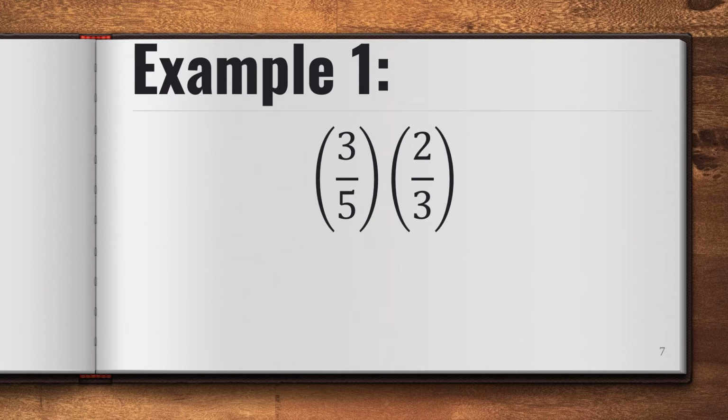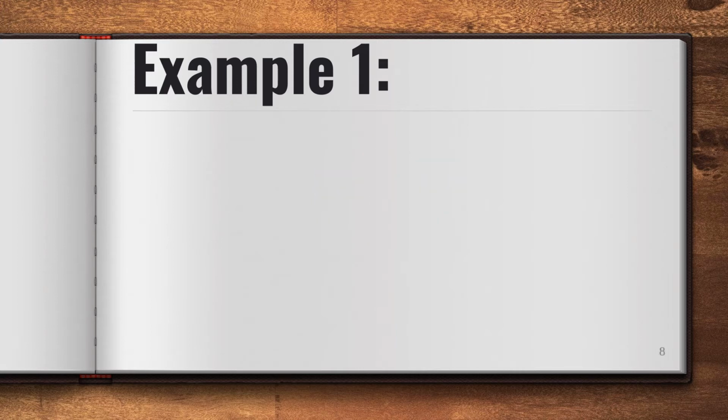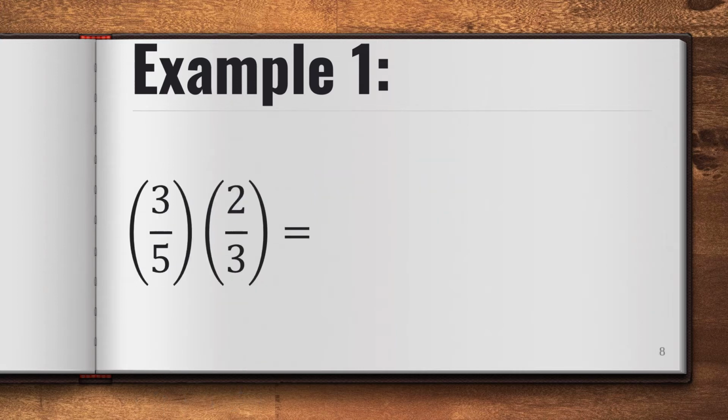So again, the rule is numerator times numerator and denominator times denominator. Let us multiply first the numerators: 3 times 2. The answer is 6.